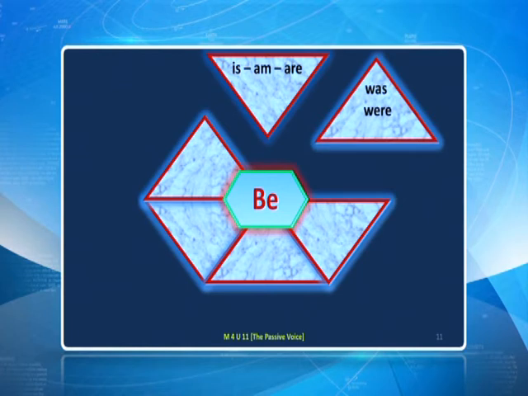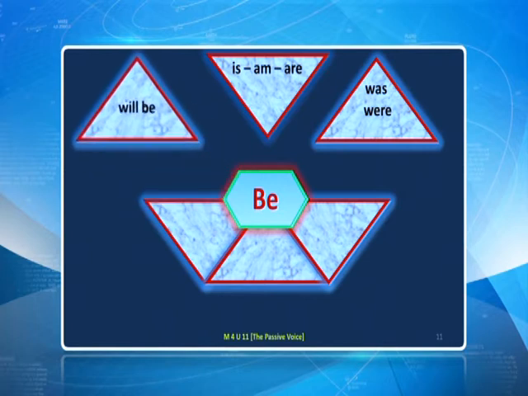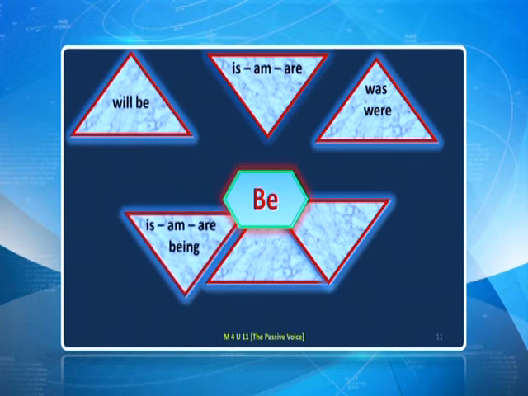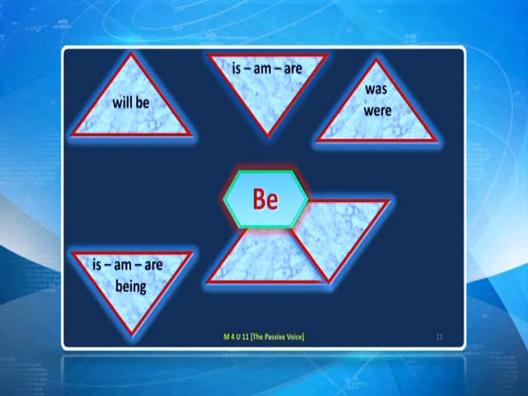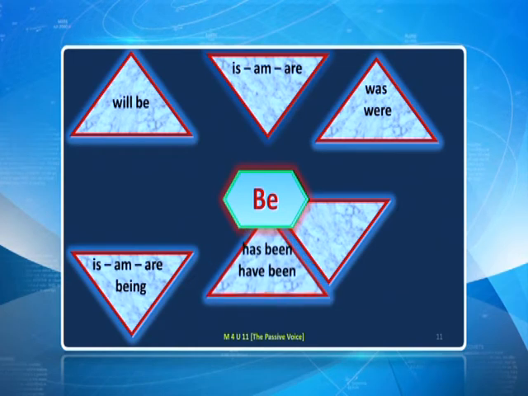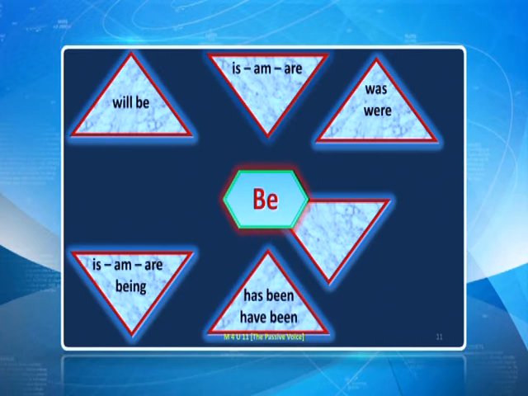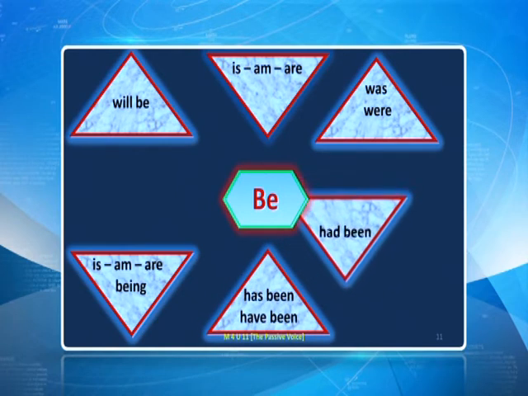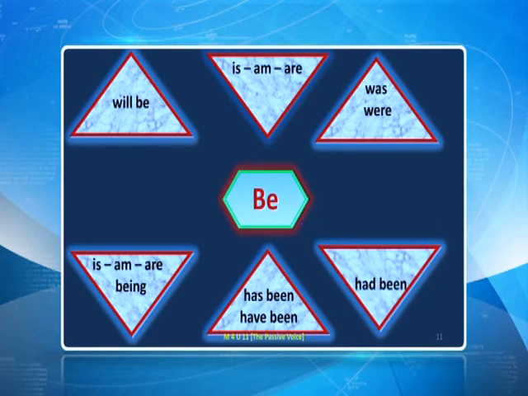If you are asked to provide the simple past of the verb to be, you should provide was and were. Then the future will be, then the present continuous is am, are plus verb plus ing. Then the present perfect, consisting of two elements, has been and have been, or the past perfect. This is the first thing.